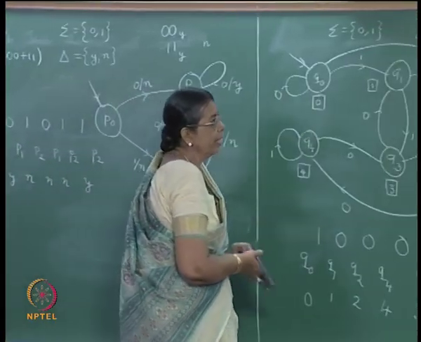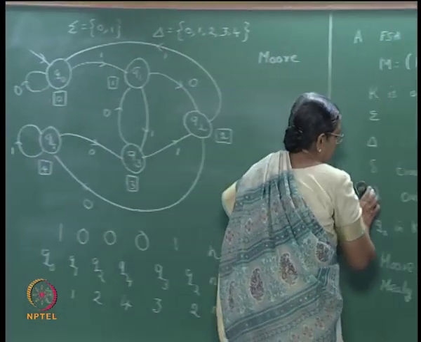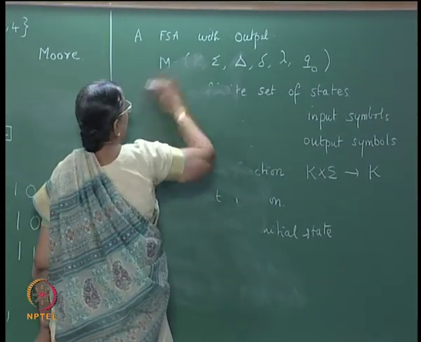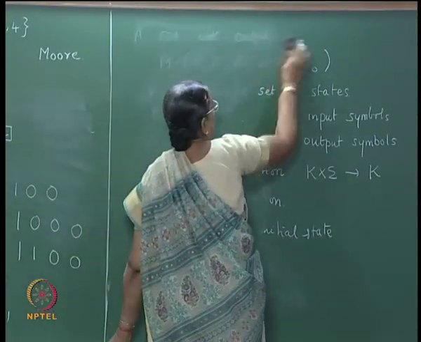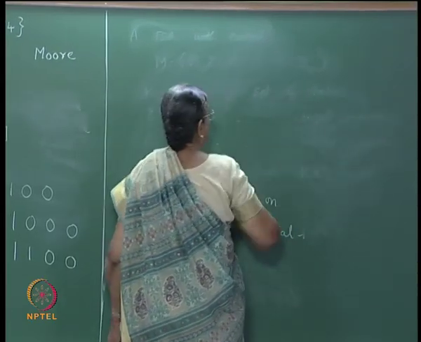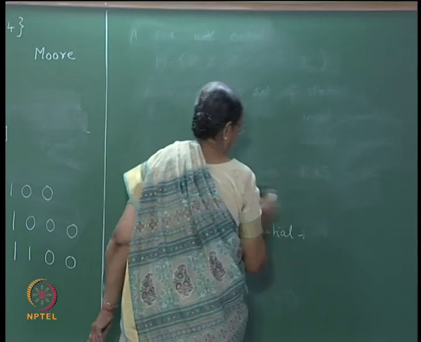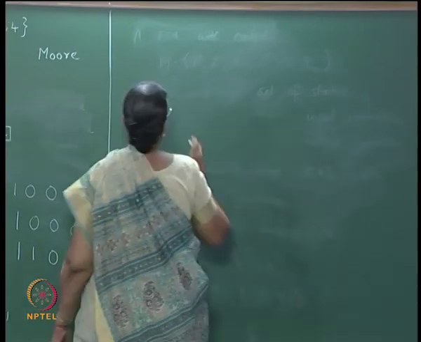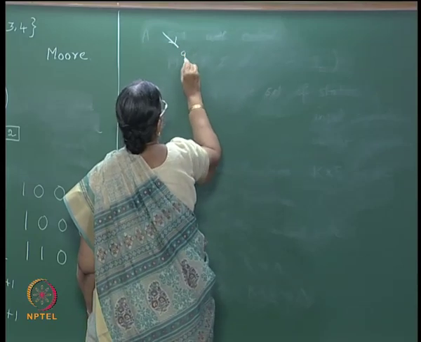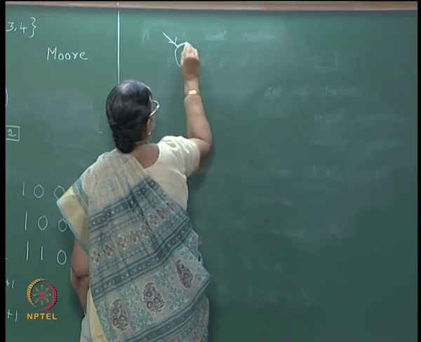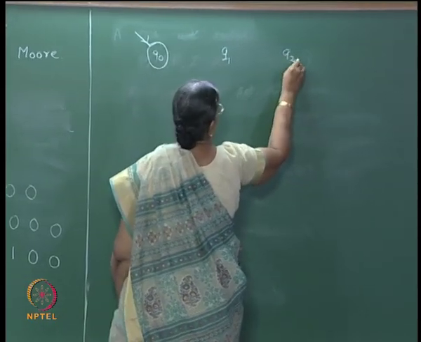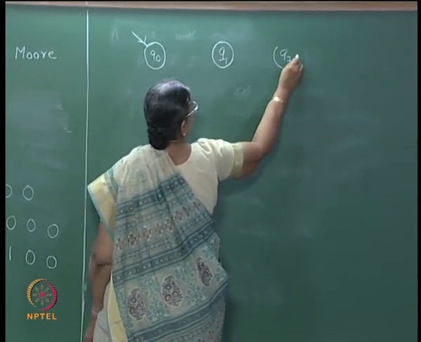Let me draw the diagram. A non-deterministic diagram will be like this, some q0, q1, q2.